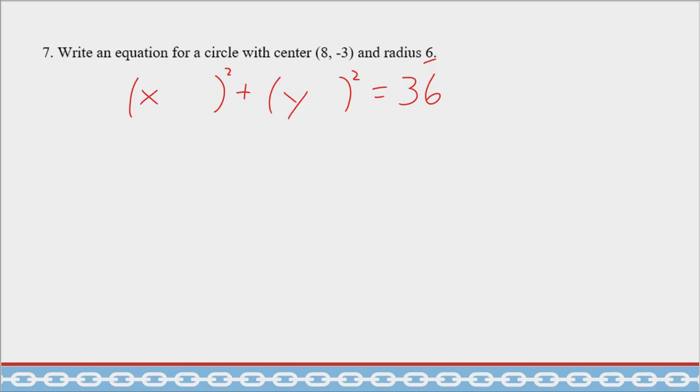And then these values of h and k, it's h comma k. And because the generic formula is x minus h squared plus y minus k squared, right? I put the opposite values in. So there is my equation for that circle given that information.